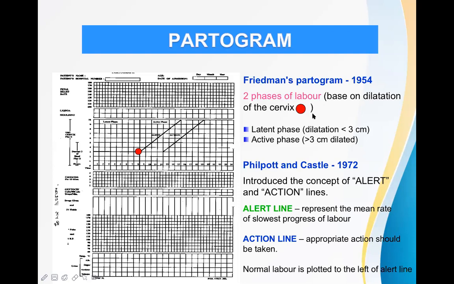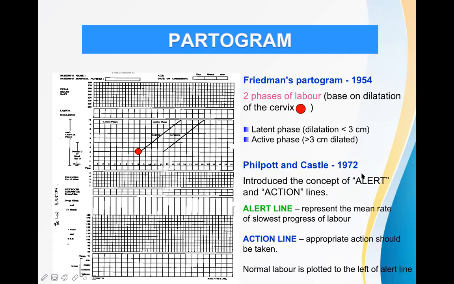And we still follow that, isn't it? These two phases of the first stage of labor are the latent phase and the active phase, and the dilatation is either less than 3 centimeters or more than 3 centimeters. Everybody knows that. So this is according to Friedman's partogram.